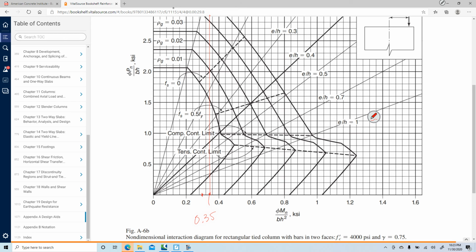And let's see, 1.76 for my y-axis. So right here, and that is a little bit before, see, this is the 0.01, this is 0.02, so that's probably about 0.014.